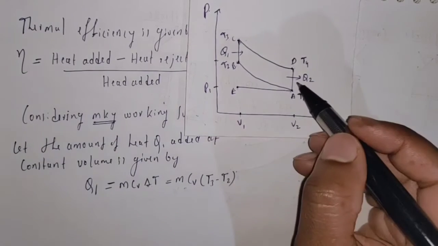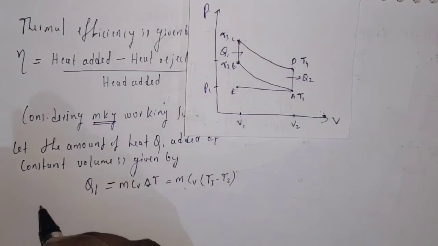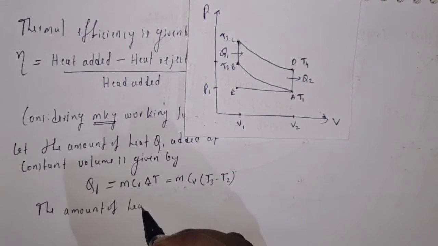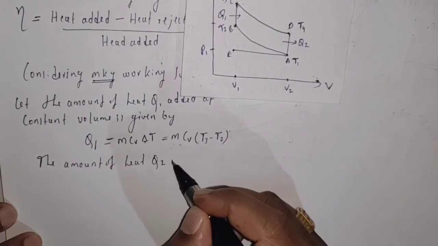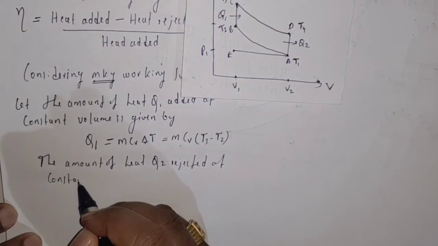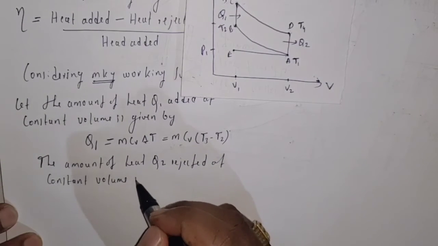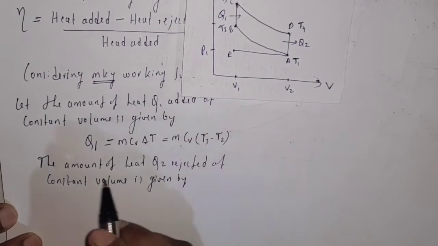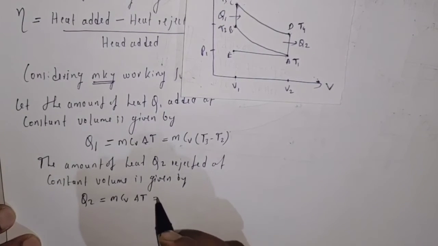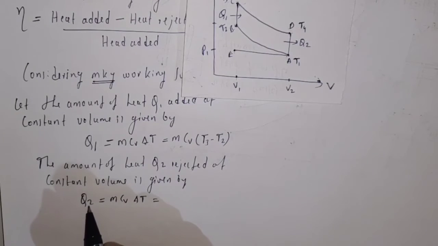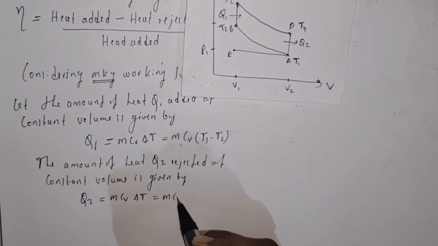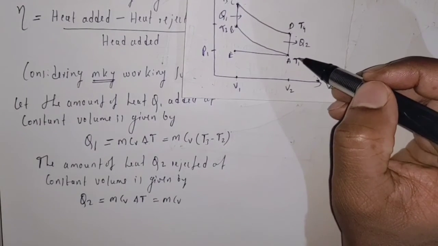Okay, now let us write the amount of heat which is rejected by the cylinder, that is, the amount of heat Q2 rejected at constant volume is given by Q2 is equal to m into Cv into delta T. Here also, I am going to write the amount of heat rejected Q2 by the specific heat capacity equation, and here the temperature difference is given by T4 minus T1.